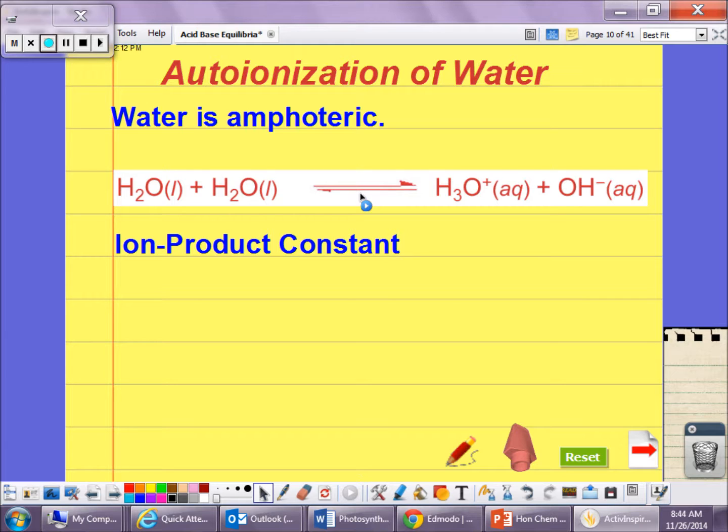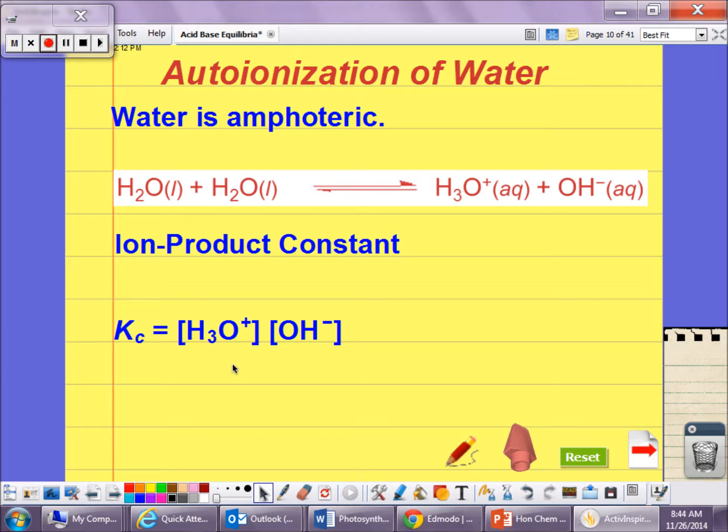This is an equilibrium. The ion product constant is, when you write down the K, remember from chapter 16, or 17, it is the product of the products over the reactants. And for a pure substance, pure solvent, pure liquid, pure solid, we do not use it.